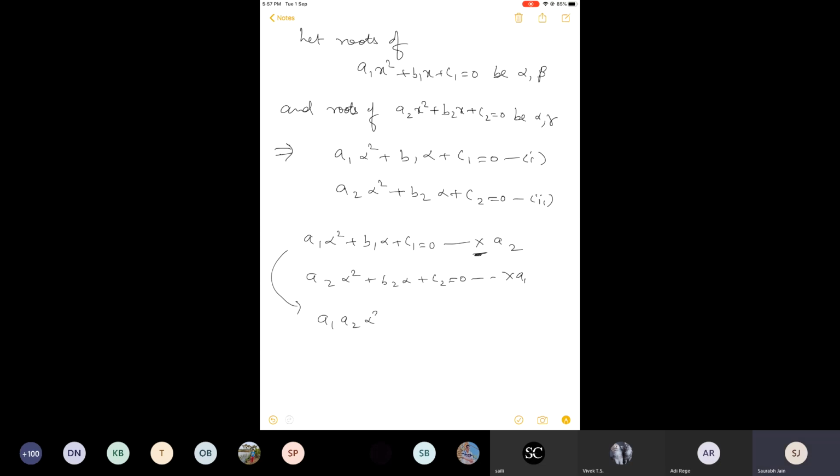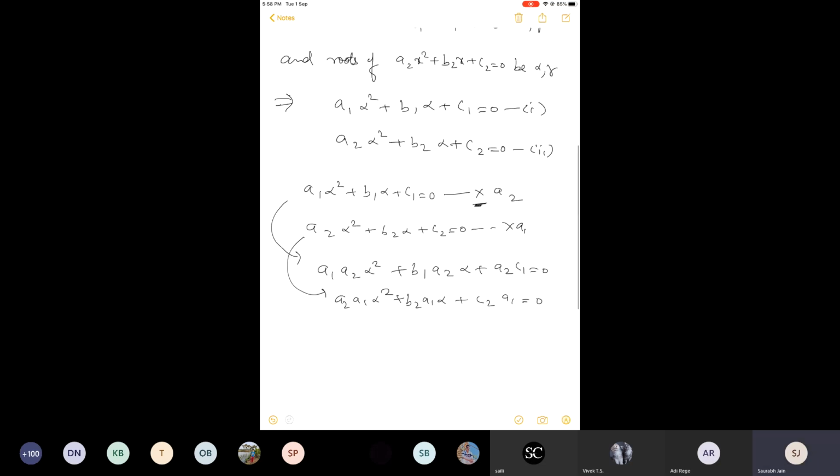As a result, the first equation becomes a1 a2 alpha square plus b1 a2 alpha plus a2 c1 equals 0. The second equation becomes a2 a1 alpha square plus b2 a1 alpha plus c2 a1 equals 0. Now, as I am saying, I want alpha. So in order to get alpha, I will subtract these two equations.